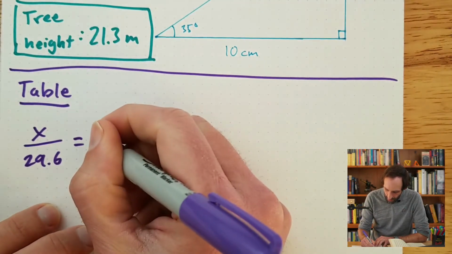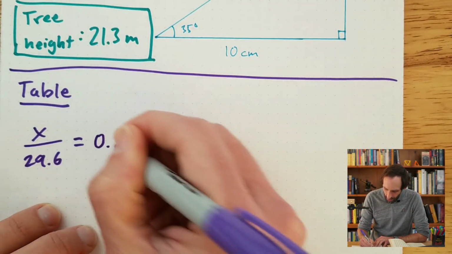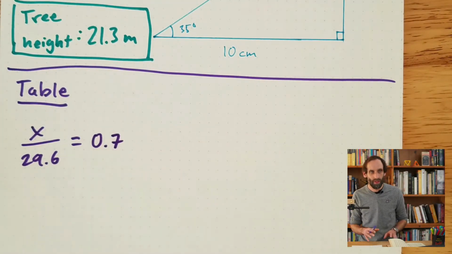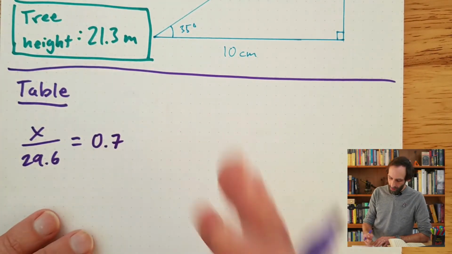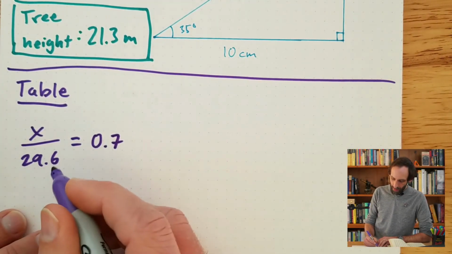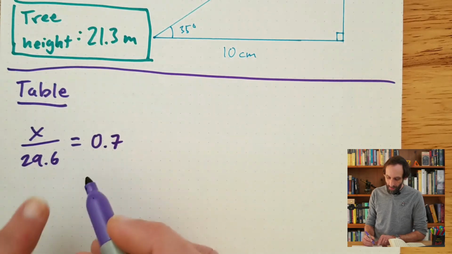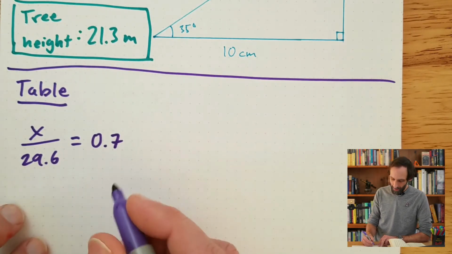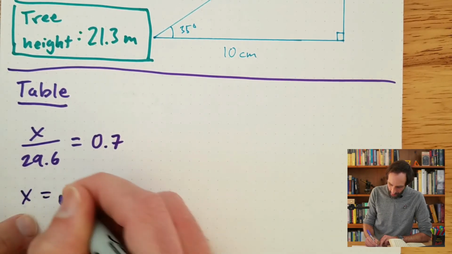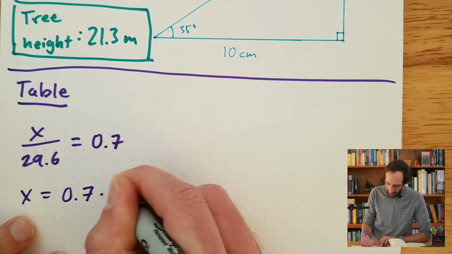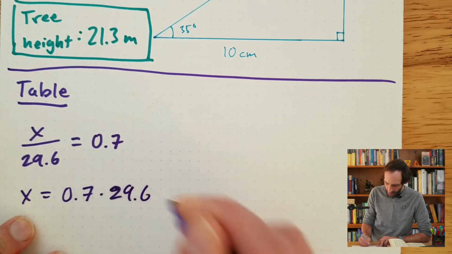I think you don't need that many significant digits. So we're just going to go ahead and do 0.7. Typically 2 to 3 significant digits is enough for most of your problems in this class. So now I would need to multiply both sides by 29.6 to get x by itself. Well, that means x is equal to 0.7 times 29.6.